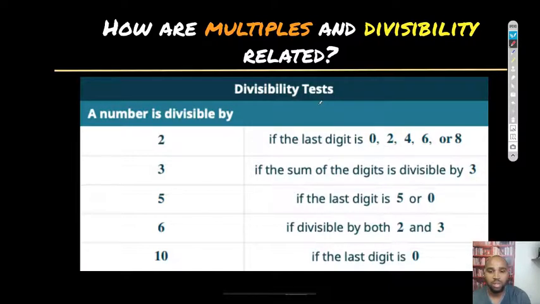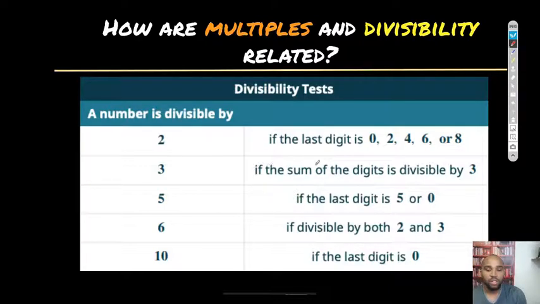First we did 2 times 1, 2 times 2, 2 times 3 to get 6, giving us numbers like 2, 4, 6, and so on. Now we can go backwards and take the product and divide by 2: 4 divided by 2, 6 divided by 2, and get some whole number, in this case 2 and 3. So we're just thinking backwards to define the word divisibility.